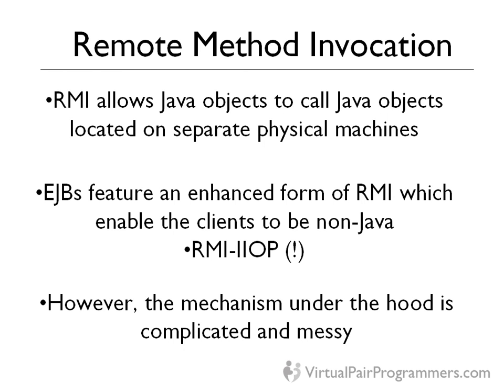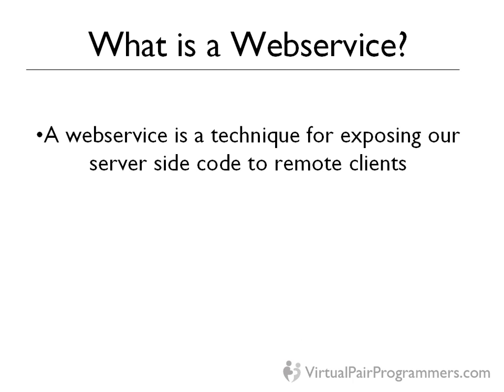In fact, it was popularized in the early 2000s from outside of the Java community that solves the same problem in a different way. It was added to JavaEE at some point in the early 2000s, and you can probably guess that this technique is called a web service. A web service then is a technique for exposing our server-side code to remote clients.